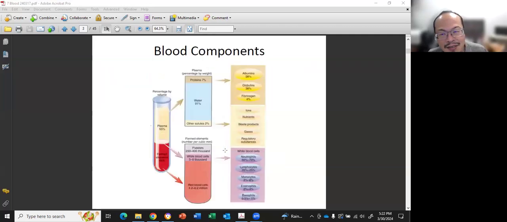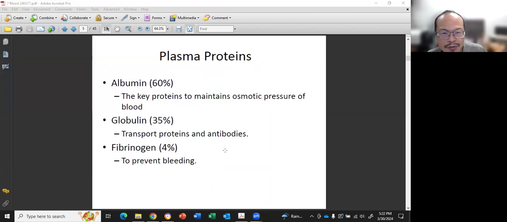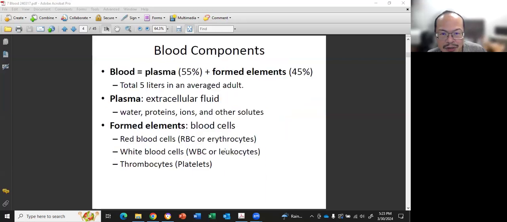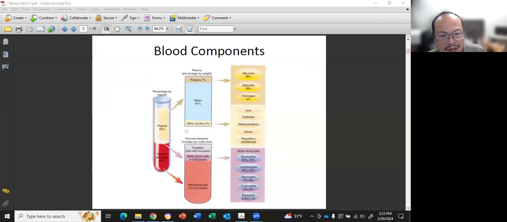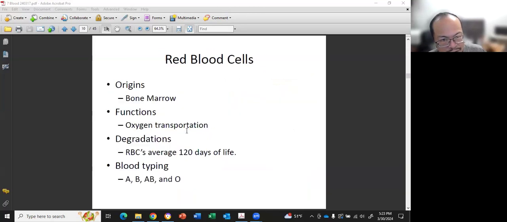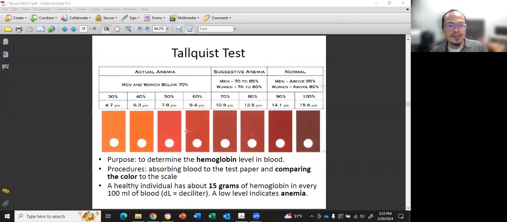And there are several ways to measure it. In the lab, we will try one method to measure. We can measure red blood cell by doing this hematocrit, but this one doesn't give you the idea about hemoglobin. As for the hemoglobin, we use another reagent. This method is called the Tallqvist table, the Tallqvist paper.